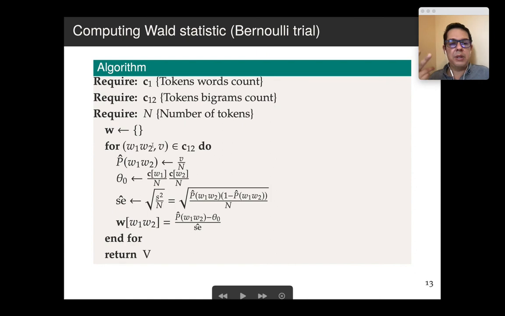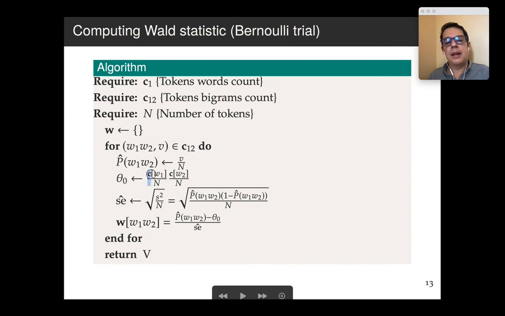So there are going to be two words in there. We iterate for all of them. We iterate also for the value, which is the number of times we have seen that bigram. We can estimate the probability of the words together, of the bigram, which is only the quotient of B and N. And we can compute also theta 0, which is the product of the individual probabilities of each word.